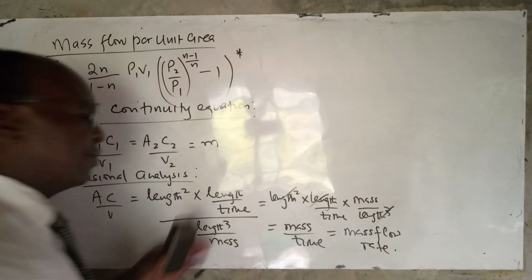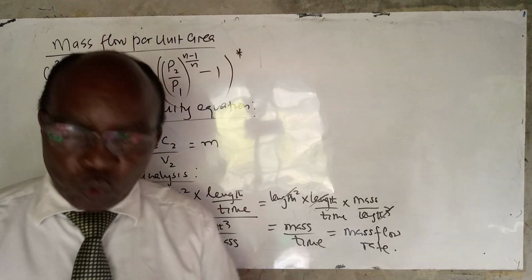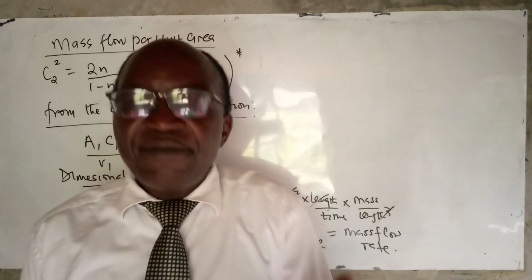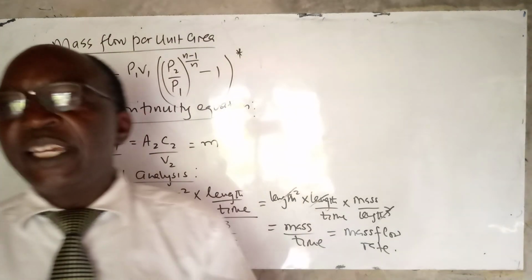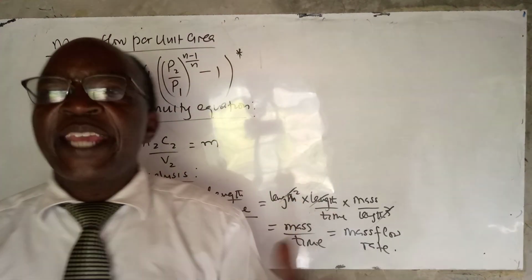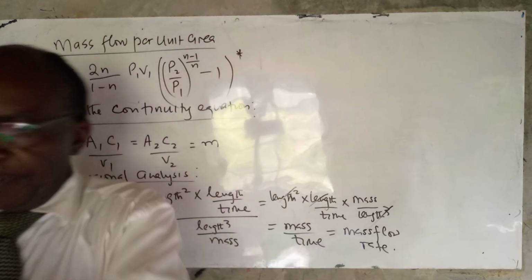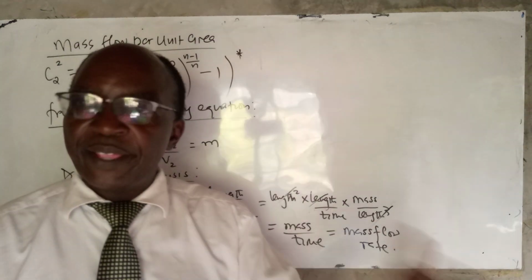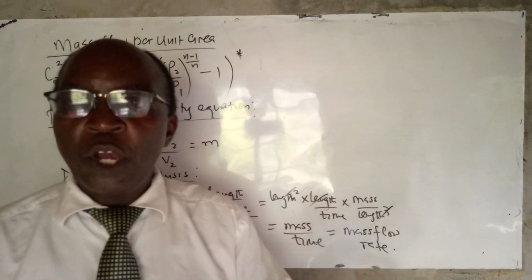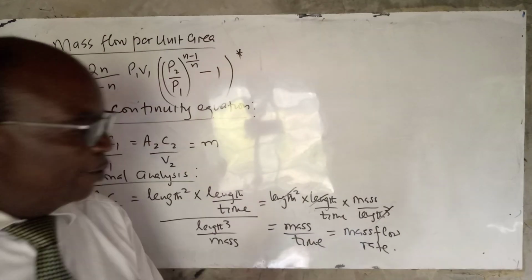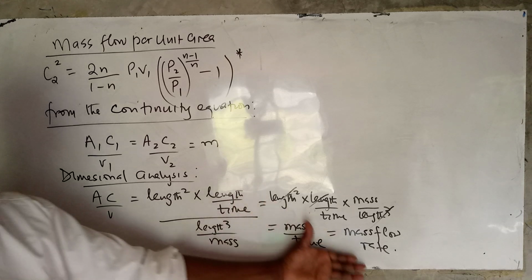So dimensional analysis is very important, especially when you are deriving new equations to account for certain phenomena in thermodynamics or in any other field, whether it's fluid dynamics or whichever field. It is very, very important for you to check your units, that they actually conform to what you are talking about.